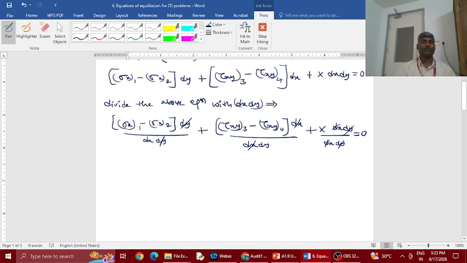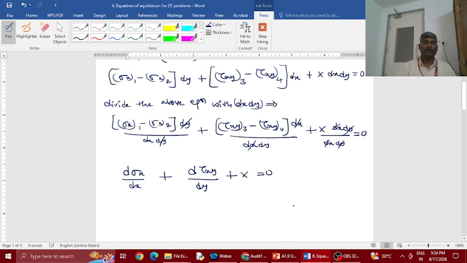Now this difference I will write as d sigma x, the difference in sigma x values on faces 1 and 2, divided by dx, plus the difference in tau xy values divided by dy, plus X is equal to 0.